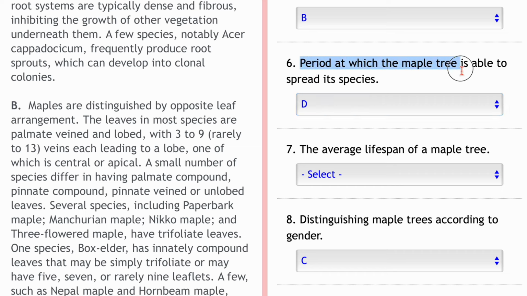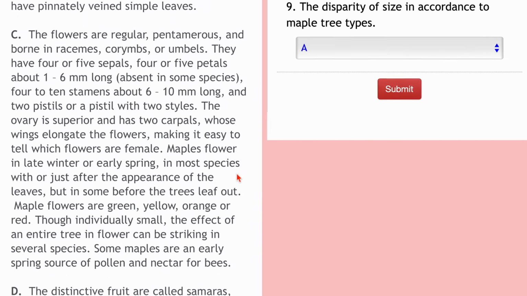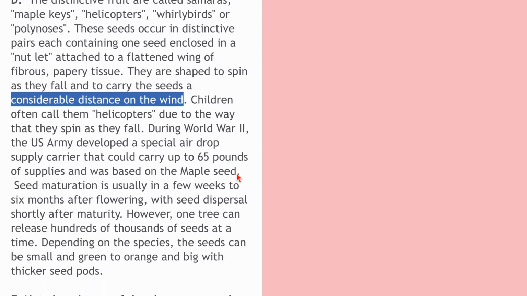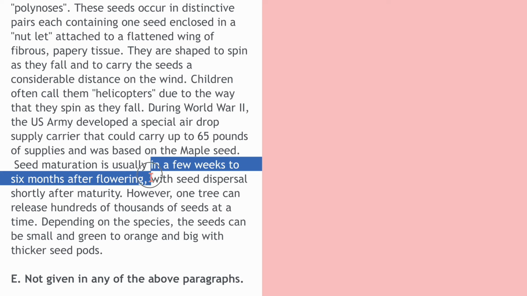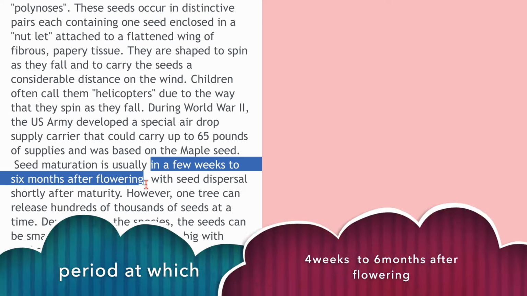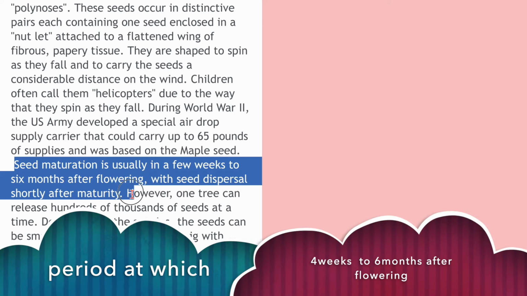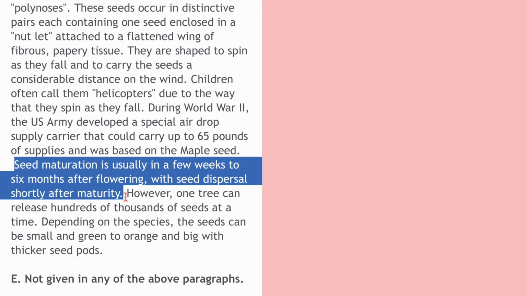It said there at some point it's able to disperse, sorry. Right over here, with seed dispersal shortly after maturation. So in a few weeks to 6 months after flowering, that's seed maturation. It's talking about the period when it's able to spread or disperse its species or the seeds. Very good.